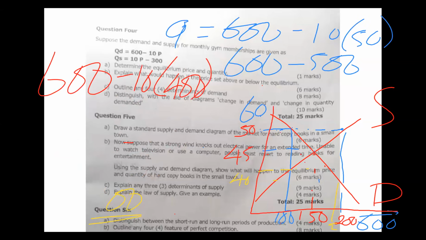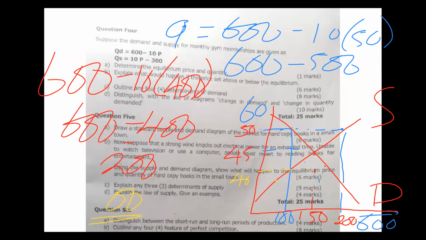You have 600 minus 400, giving us 200. Have you seen that? So you can see that the demand will only be what? 200. Okay? The demand will be 200.